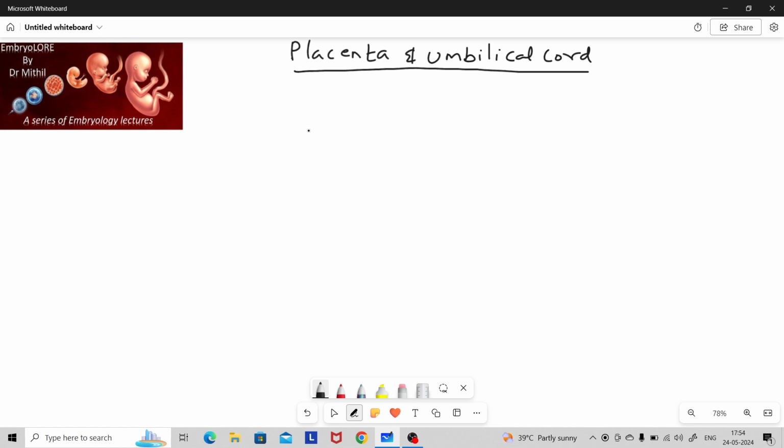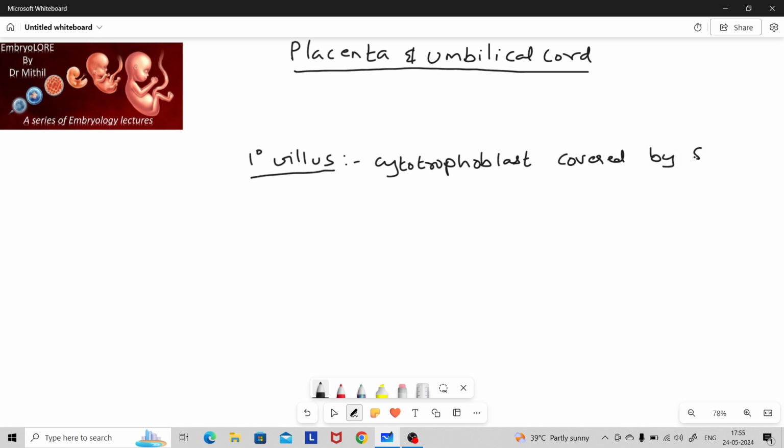As I said, first of all is the primary villus. In the primary villus, there is only the cytotrophoblast covered by the syncytiotrophoblast. Let us try to understand the diagram.